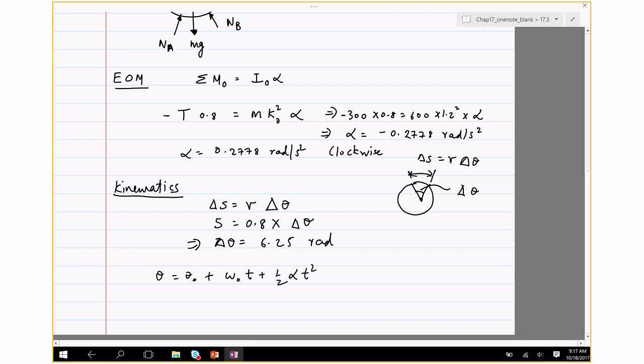Again, this is only true because the angular acceleration alpha is a constant. If it was not a constant, you would go from first principles, which is alpha is d omega dt, then integrate once to get omega, and integrate again to get the angle. So here theta minus theta 0 equals omega 0 t plus half alpha t square.